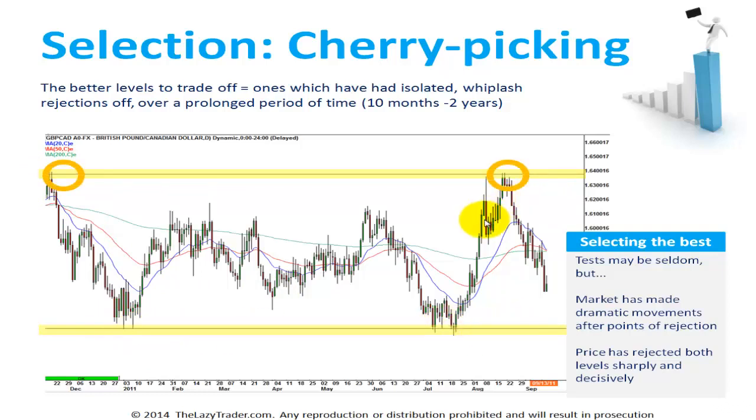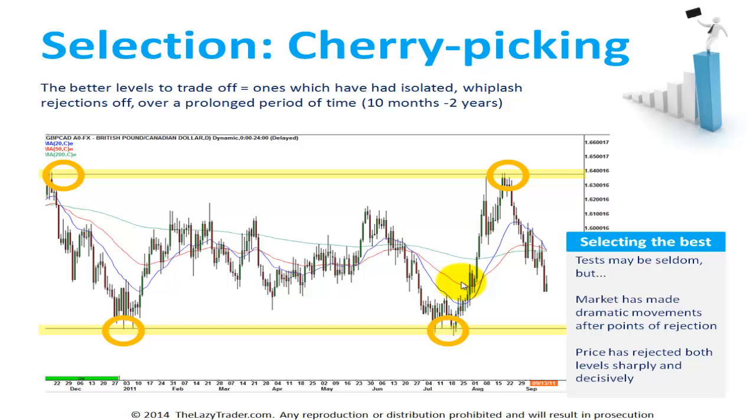We can see that price has immediately tested this level and gone straight down again, just like it has this level of support. It's come down, immediately reacted upwards, like it has here. We've got a double bottom formation right here before it shot upwards. So this is exactly what we're looking for, these higher probability levels to take advantage of.